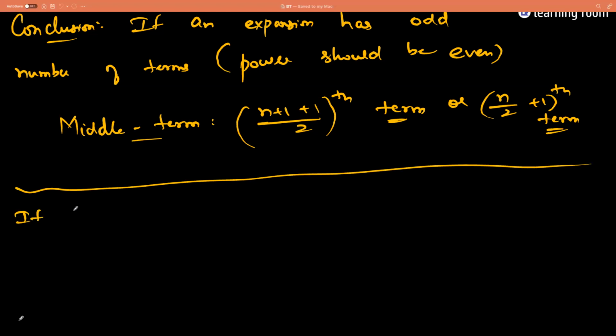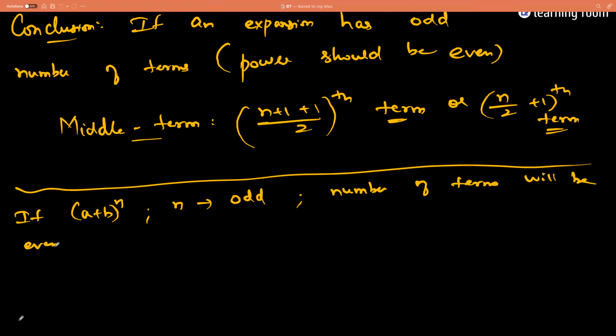If a plus b power n is there, where n is odd, the number of terms will be even.